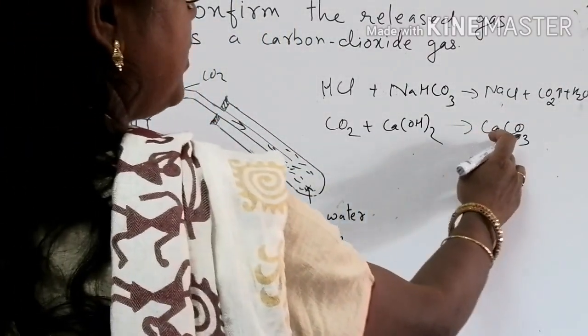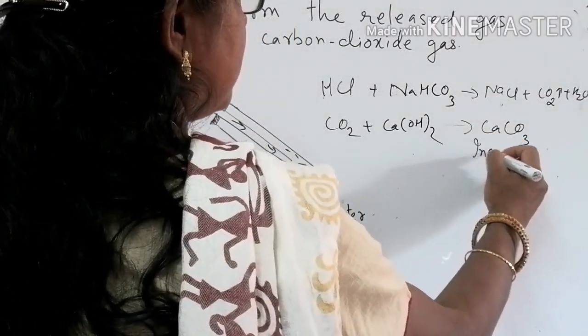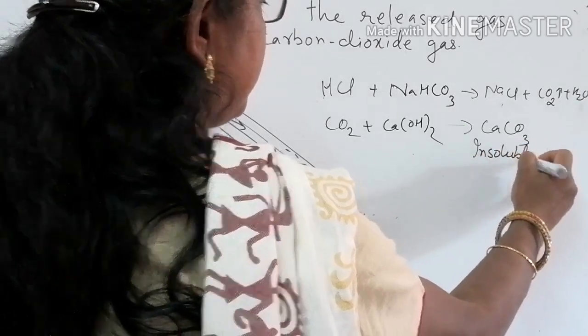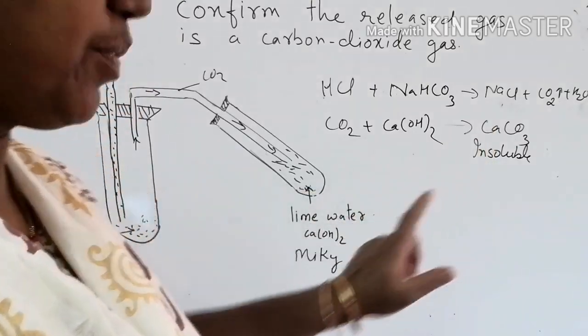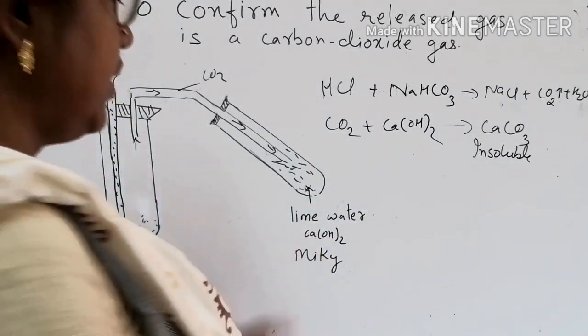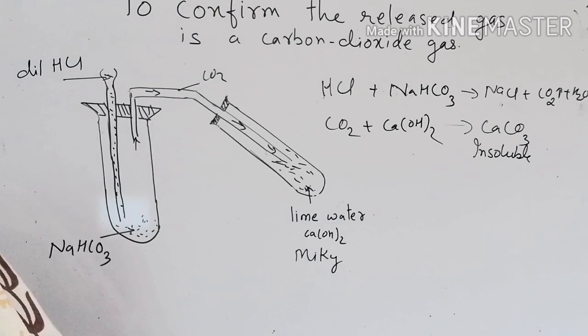The calcium carbonate formed is insoluble in water, and as it is insoluble in water, it is responsible for the milkiness of lime water.